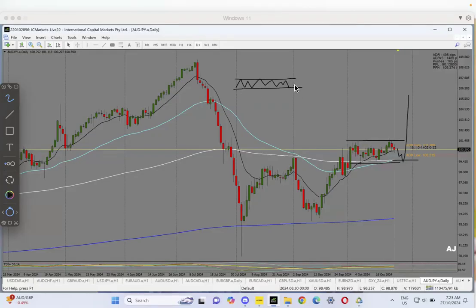So you want to see a stop hunt low, and then we push up. This whole move here, you had a consolidation, stop hunt high, and then we went all the way down. Same applies, consolidation, stop hunt low, and a move up. So you want to expect the same thing again, stop hunt low and a move up.